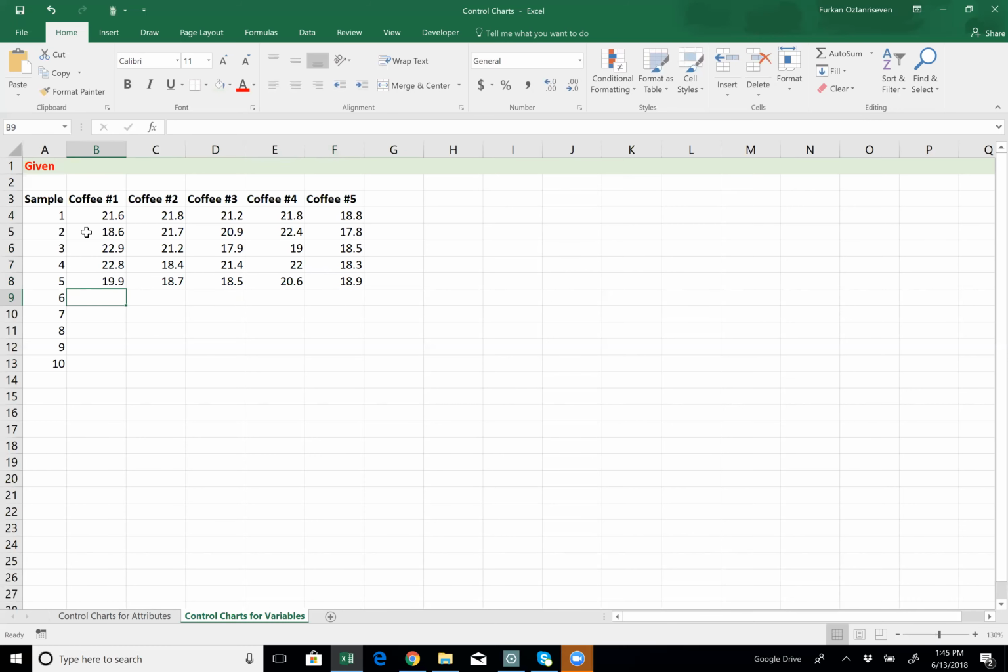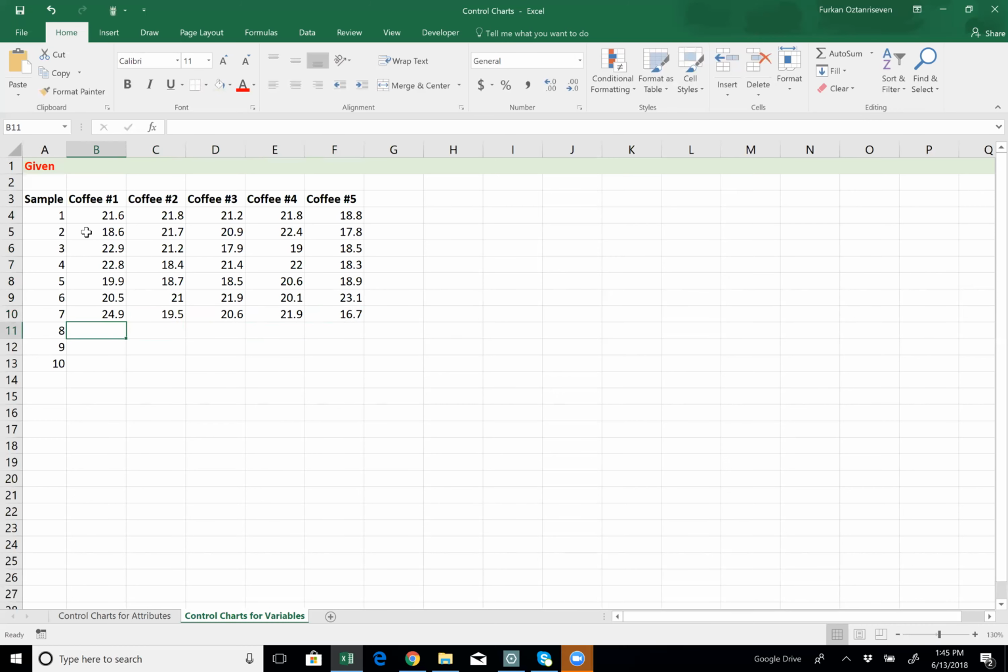And sixth sample, you got these measures: 20.5, 21, 21.9, 20.1, 23.1. Seventh sample: 24.9, 19.5, 20.6, 21.9, 16.7.